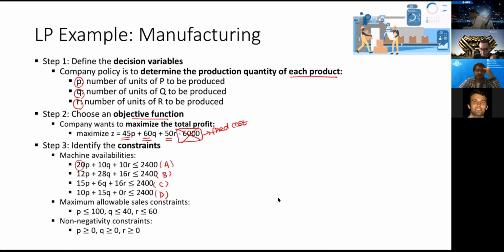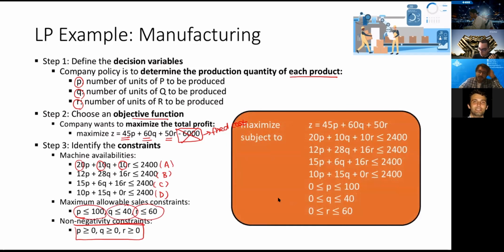Then the maximum allowable sales constraint: P should be less than or equal to 100, and so on and so forth. Please do not forget to add the non-negativity constraint, where we need to make sure that each decision variable takes non-negative values.